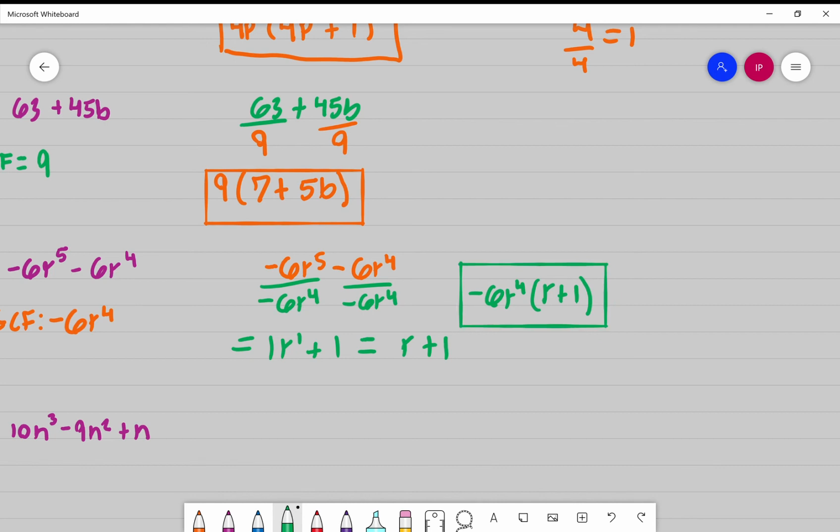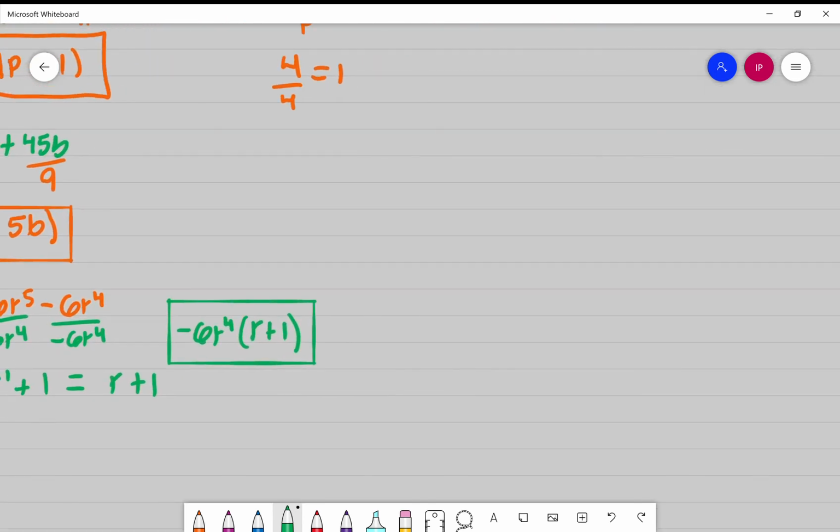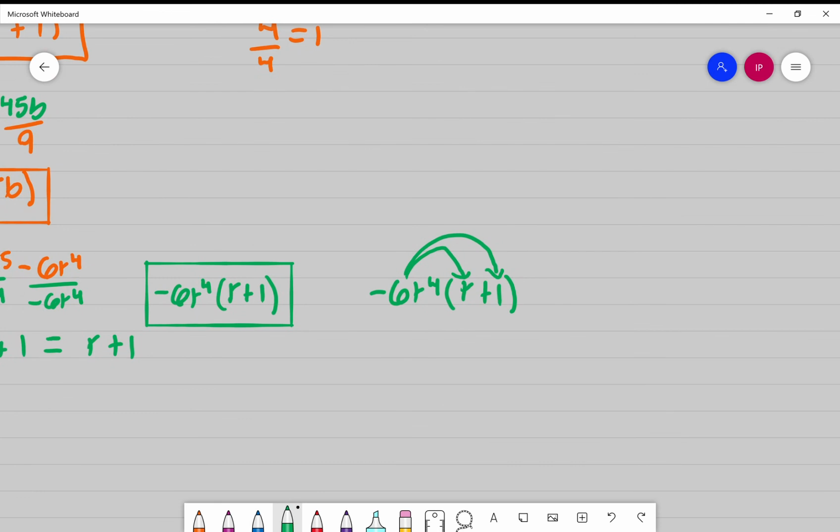And I should have mentioned this in the previous examples, but we can always check ourselves. To check yourself, you just distribute, which means you're going to multiply this number by that number and this number by that number. So we have to multiply the number on the outside by every term inside the parentheses. So negative 6r to the 4th times r.